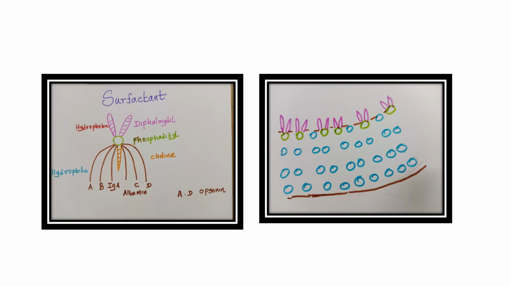It replaces the water molecules from the surface layer and reduces the surface tension. So it prevents the collapse of the alveoli, gives alveolar stability, decreases the work done by the lung, and prevents pulmonary edema formation.